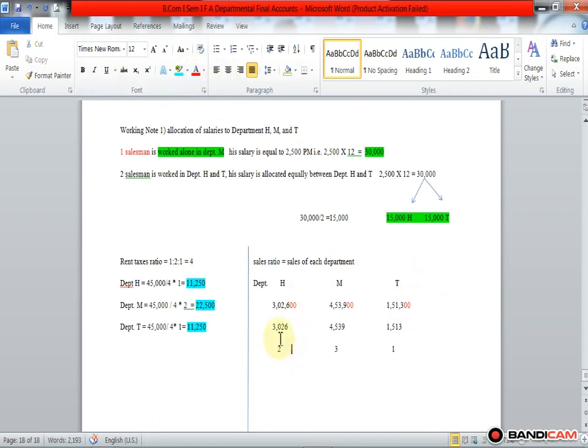We get the amounts 3,026, 4,539 and 1,513. Again we calculate the ratio, we get 2:3:1. So here is the ratio.